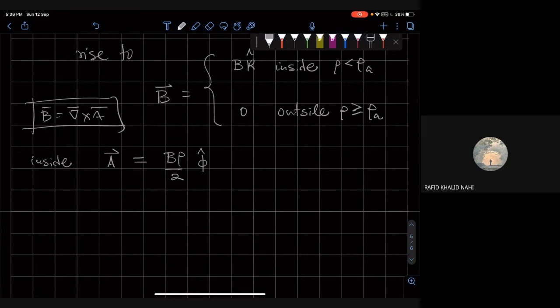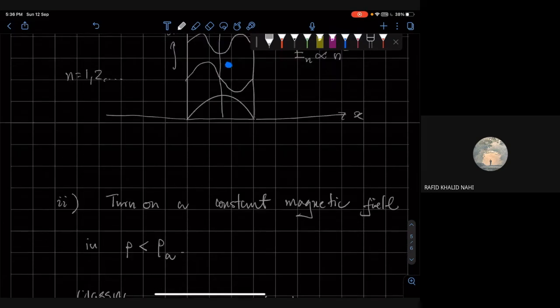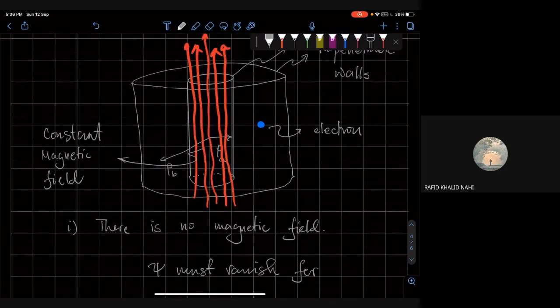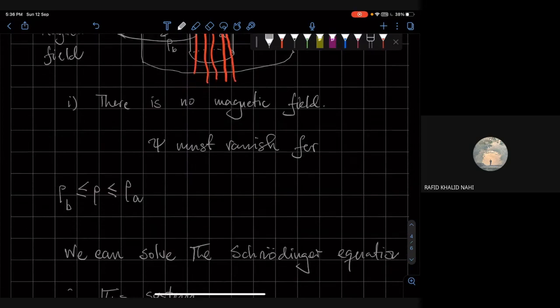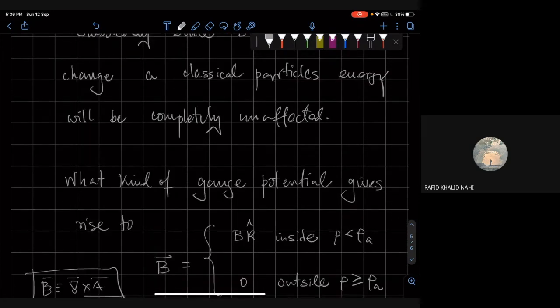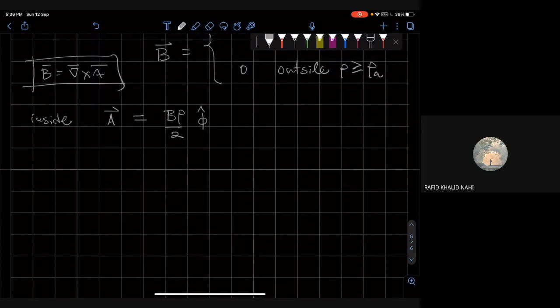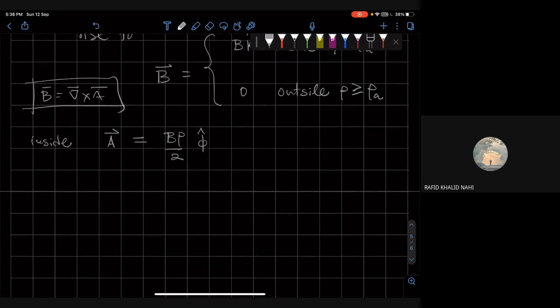Phi is the unit vector in the azimuthal direction. We are using cylindrical polar coordinates because obviously this system has cylindrical symmetry. We should always use the coordinate system that is designed for that symmetry. Makes life a lot easier. So this is inside.